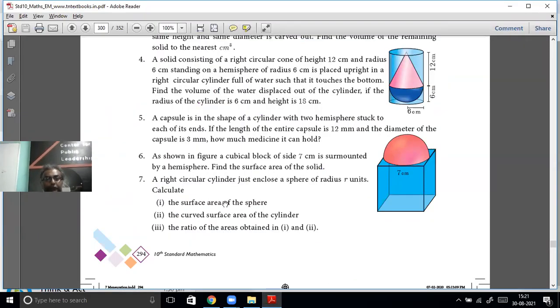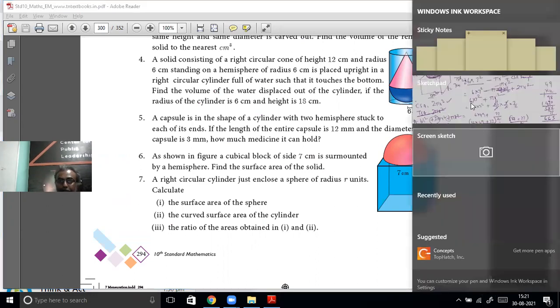Then seventh sum: a right circular cylinder just encloses a sphere of radius. Let us do this sum. It's also a very interesting sum.